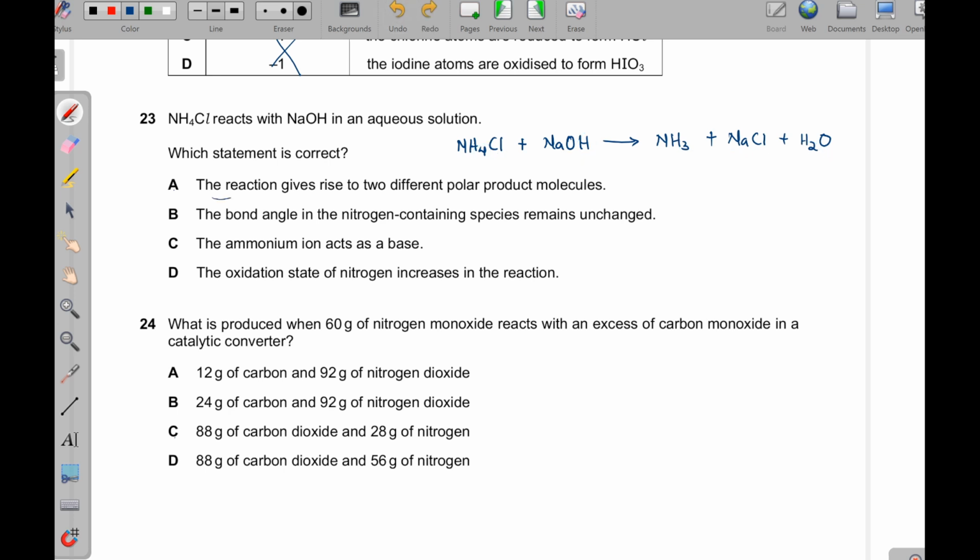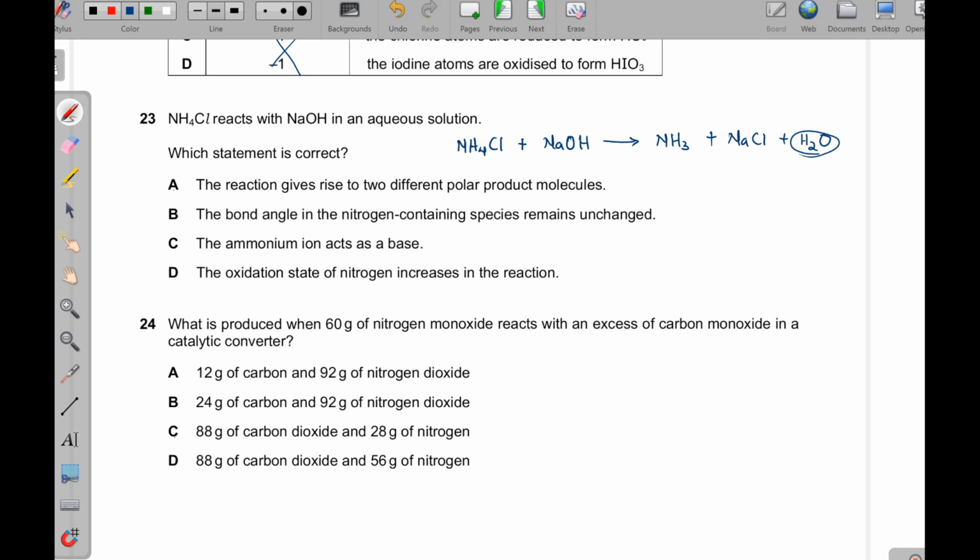The reaction gives rise to 2 different polar molecules. Now they are talking about molecules. Sodium chloride is not a molecule. Okay, molecules are for covalently bonded compounds. So atoms which are covalently bonded give rise to molecules.